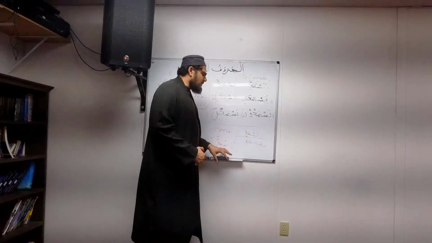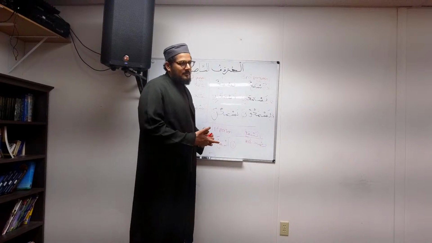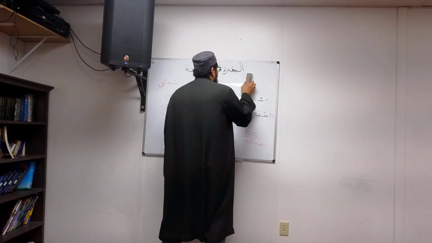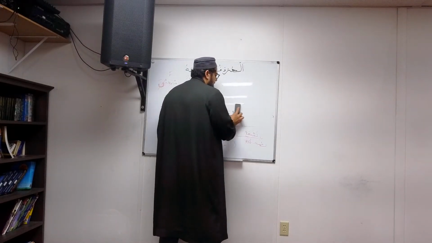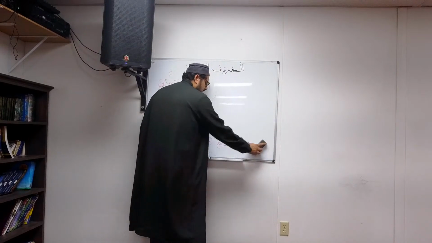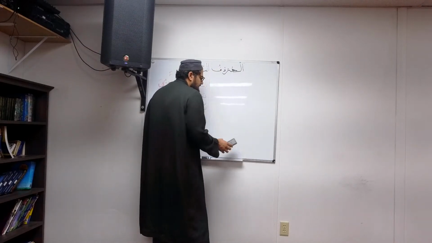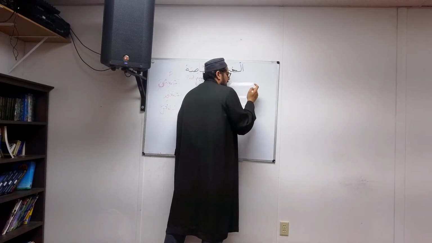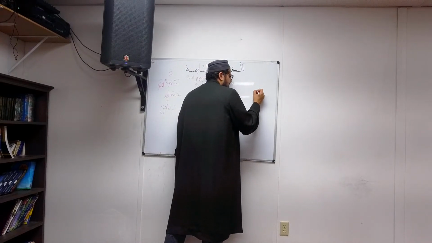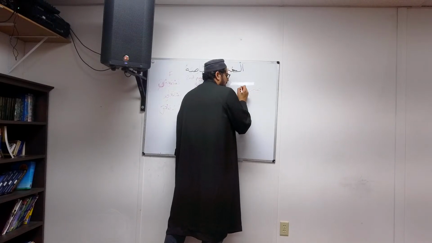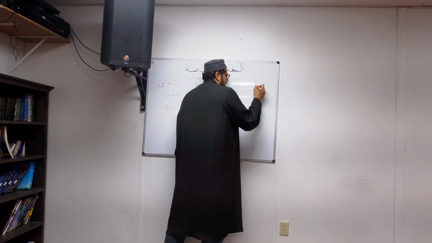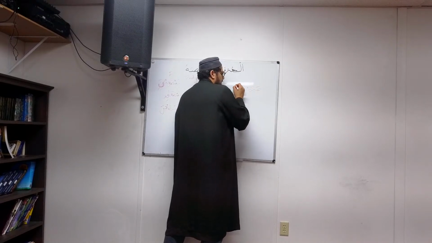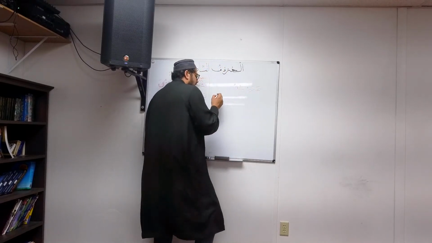Let's take a look at our last two, kay and idan. Kay is pretty common in the Arabic language, especially in the Quran. You'll find it used a couple of times. What did kay mean? In order to. What does darabtuhu mean?